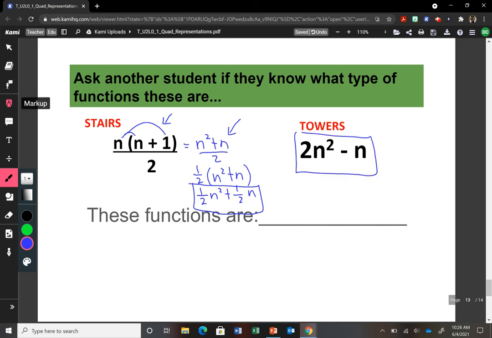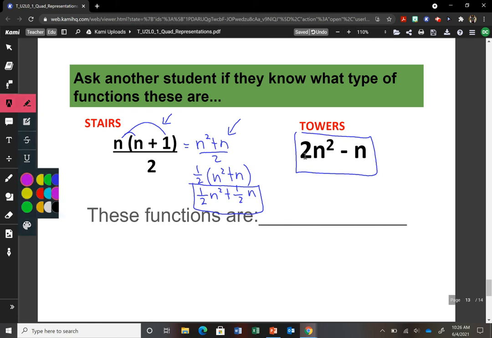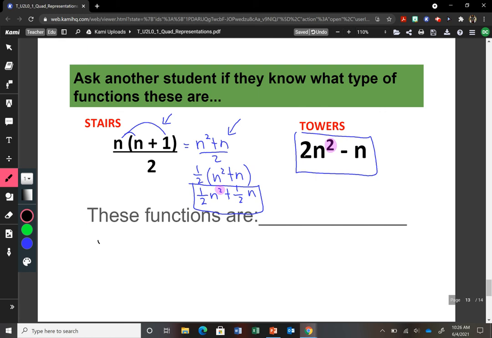Now notice I have a degree 2 for each of these. This is a degree 2. This is a degree 2. So these functions, remember, if we have a function that has, like, let's say y equals x, this is a degree 1, even though I don't see the 1 up there, so that makes it linear. If I have x squared, this exponent lets us know that we have a quadratic equation.